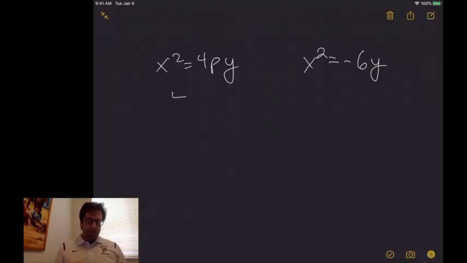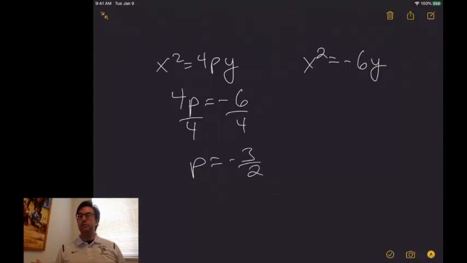So I'm going to set 4p equal to negative 6, because that's the number that y is being multiplied by. Solve for p, divide by 4. So p equals, and I'll go ahead and simplify, negative 3/2, or negative 1.5.